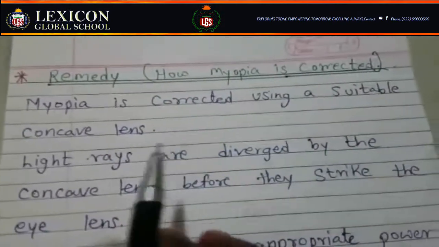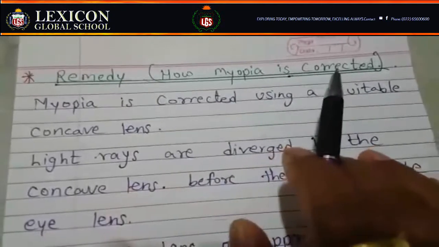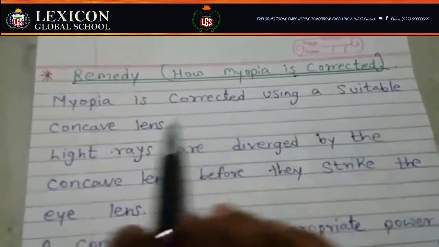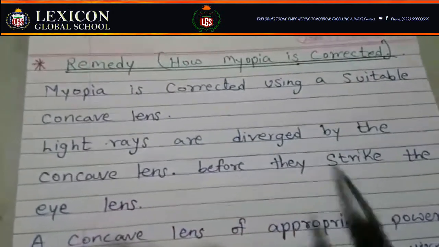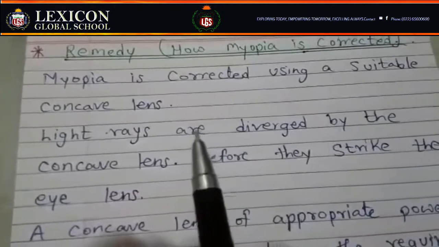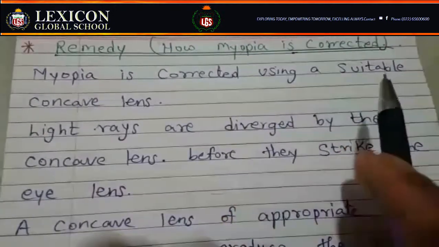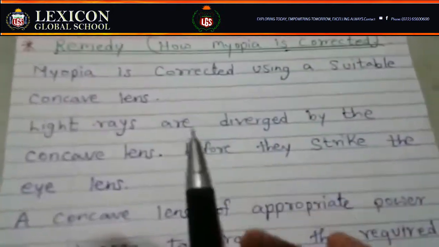Now what is the remedy, or how is myopia corrected? Myopia is corrected using a suitable concave lens, because the converging power of the lens becomes high, and therefore the image is formed in front of the retina instead of on the retina.